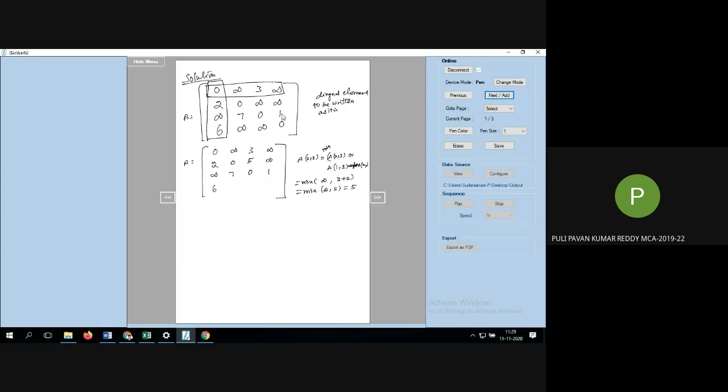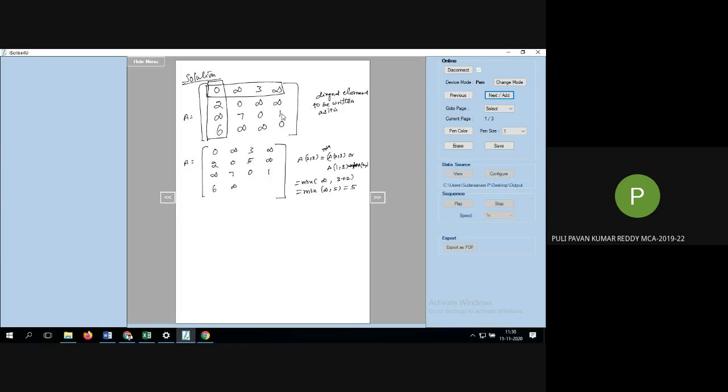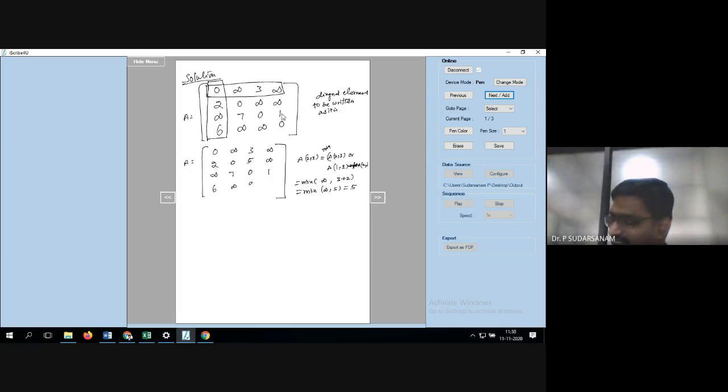Also infinity. Infinity. Very good. Infinity. 0. 9, sir. 9. This is 0. This is called 5. So this is what the values got changed.